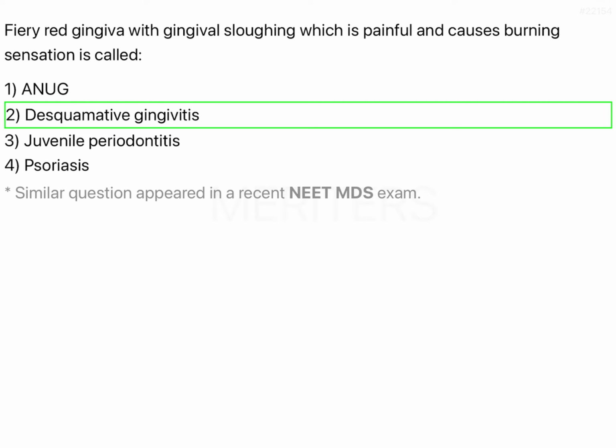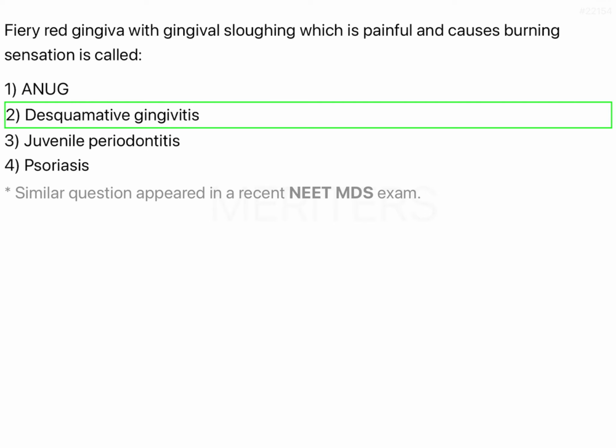That entire epithelial tissue has come out and the connective tissue is present. Because the entire epithelial tissue has come out, there is inflammation, because the connective tissue is being irritated continuously, and that is why it leads to gingivitis. So this condition is called desquamative gingivitis.